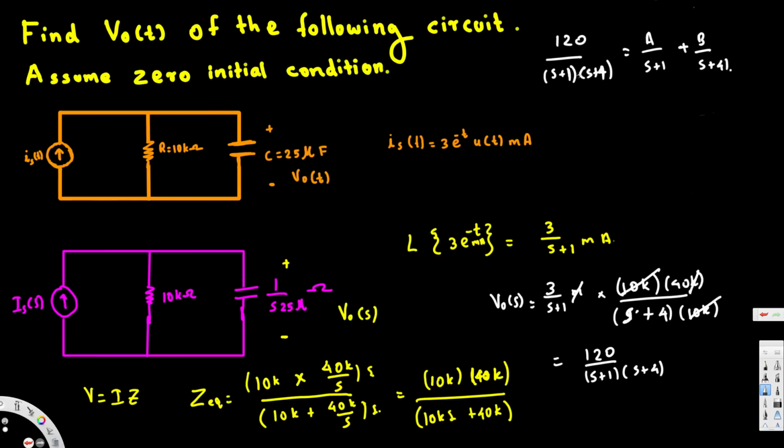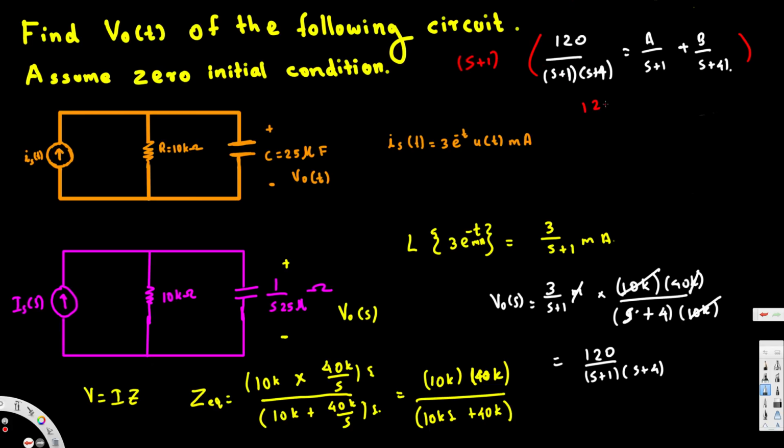Now to find one of them, we can multiply everything by s plus 1, and let's see what we get. If we multiply both sides by s plus 1, we will get rid of this denominator.